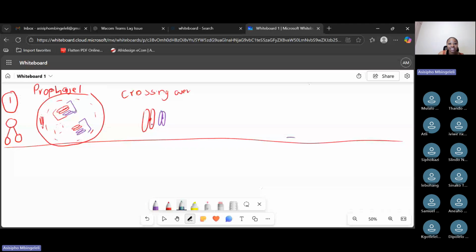We say these are chromatids from the paternal and maternal, meaning from the mother and father. So these two chromatids cross over here. Now, I don't want to confuse you, but we say these are non-sister chromatids. We call them sister chromatids when they make up one chromosome.